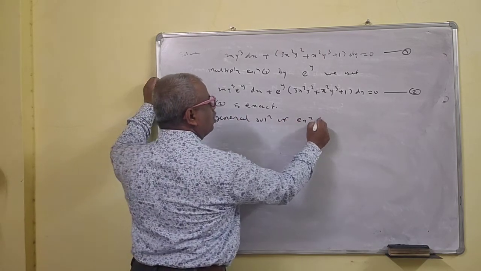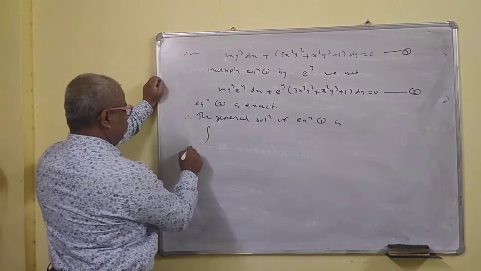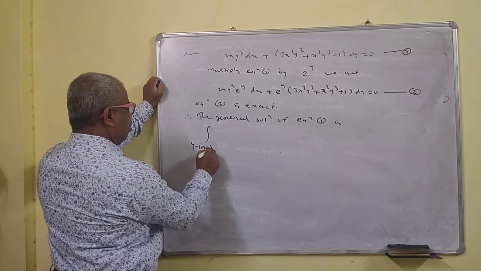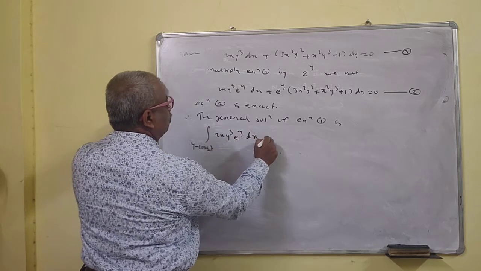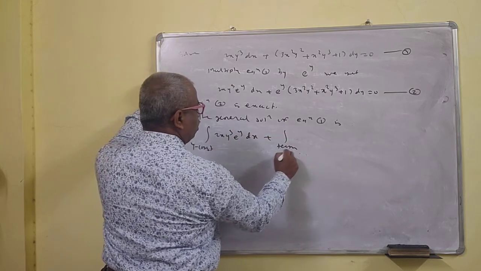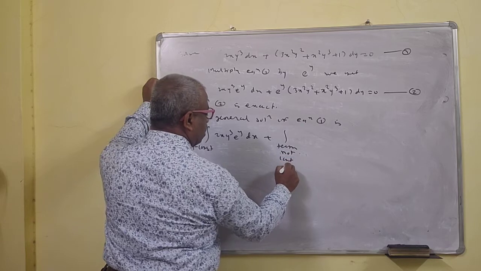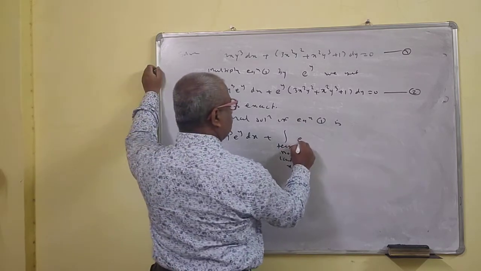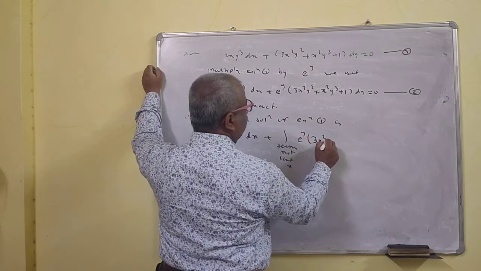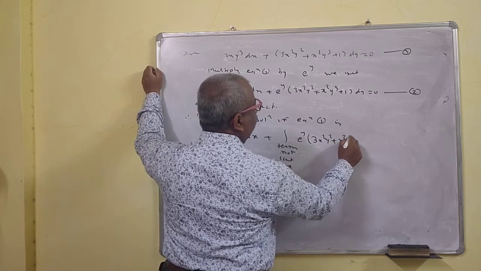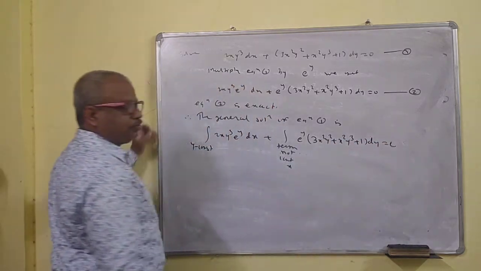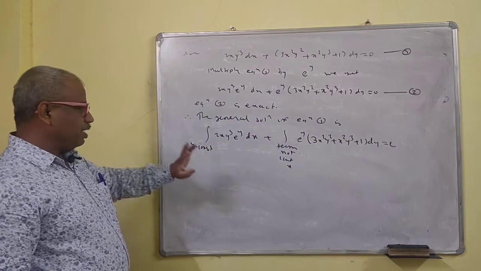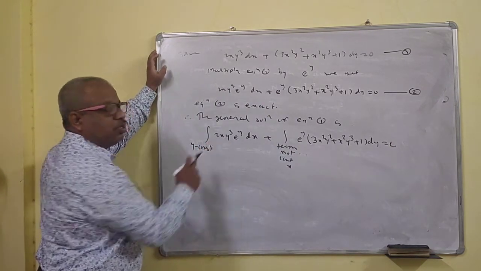Okay, so therefore the general solution of equation 1 is, okay, y constant: twice xy³ e^y dx plus the term not containing x, e^y (3x²y² plus x²y³ plus 1) dy is equal to c. Okay, now we will integrate this, because there is only integration in twice x.